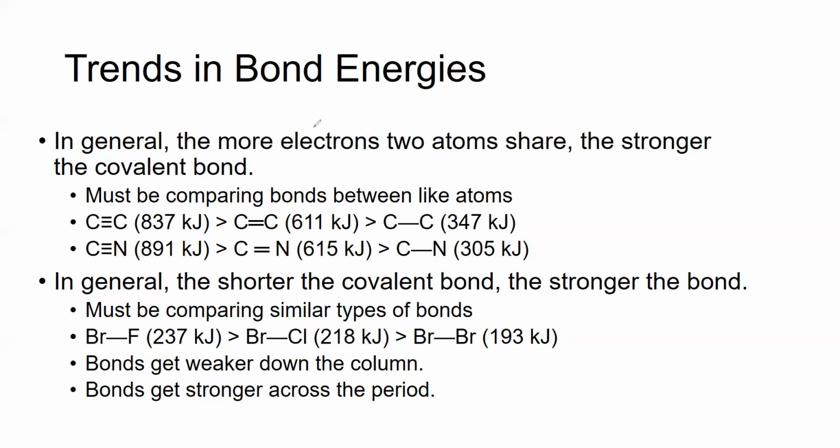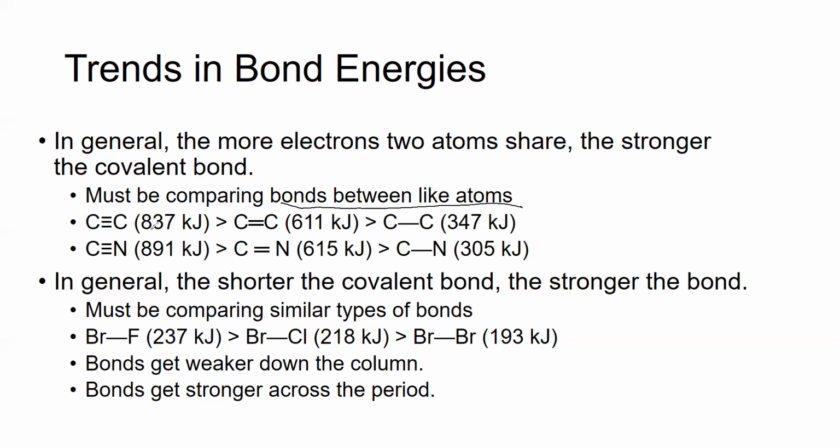If we are comparing atoms and saying what kind of bonds are strongest, we can really only make that comparison when you're looking at bonds between like atoms. So we have 2 comparisons going on. One is the bond strengths when it's only between carbon and carbon. Our second comparison is between carbon and nitrogen. These energies are the strength of the bond. The higher the number, the stronger the bond.